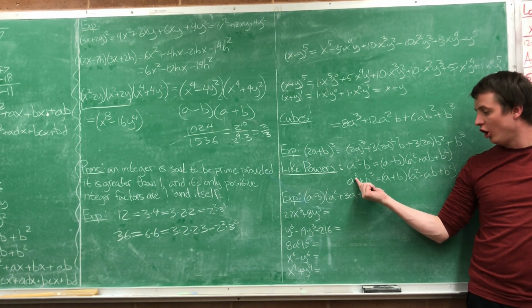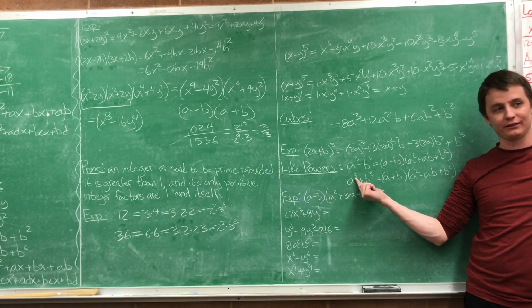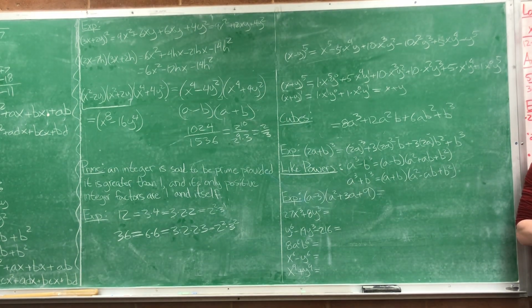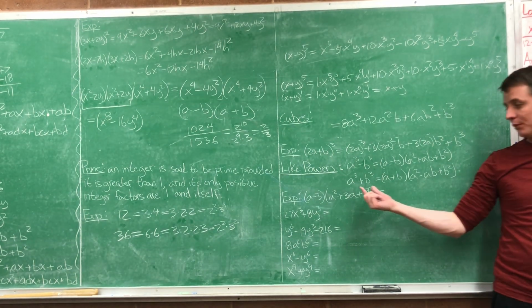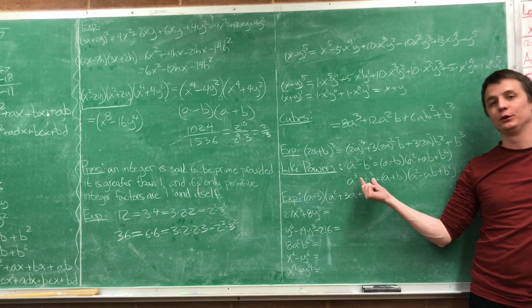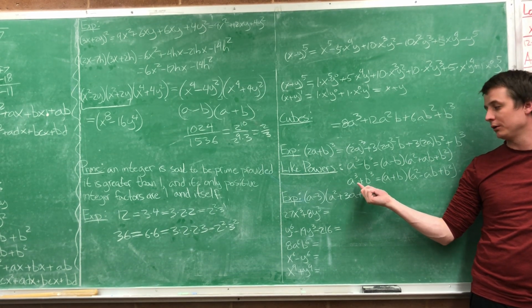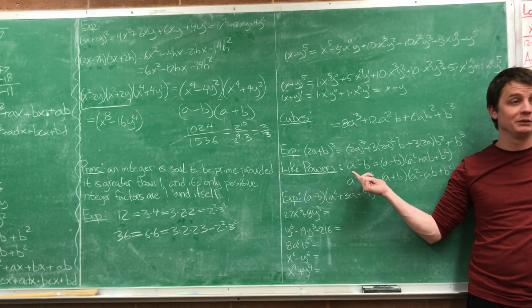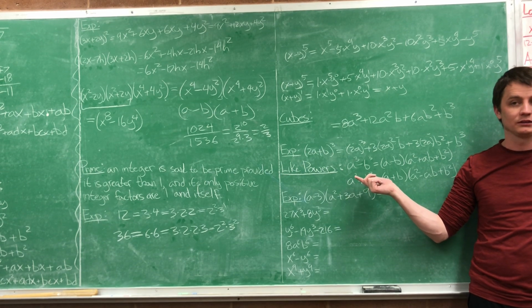And if it's an odd exponent, and it's a sum, then you can factor out an a plus b. Notice that sometimes when you have a sum and they're the same exponent, you can't factor it. For example, a squared plus b squared can't be factored. But if it's a difference, it can always be factored, which is why we like the differences.